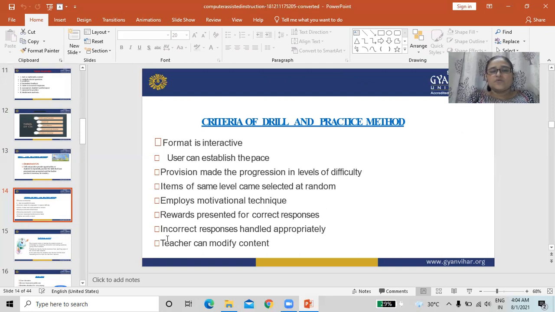Items of the same level are selected at random. It employs a motivational technique. Rewards are presented for correct responses.